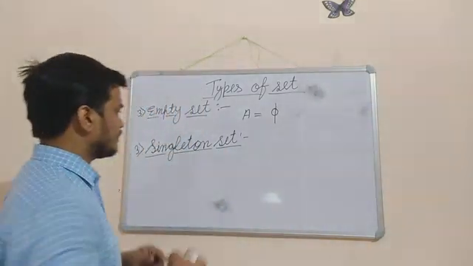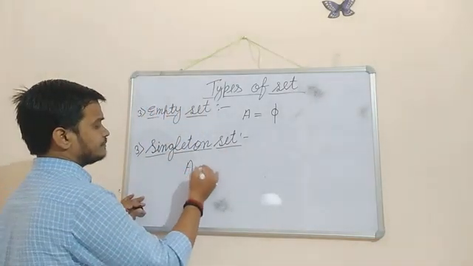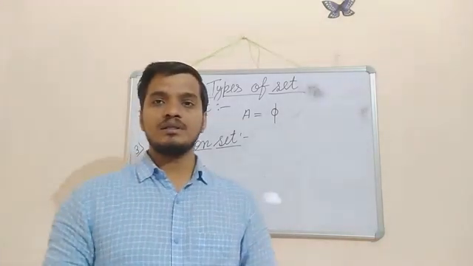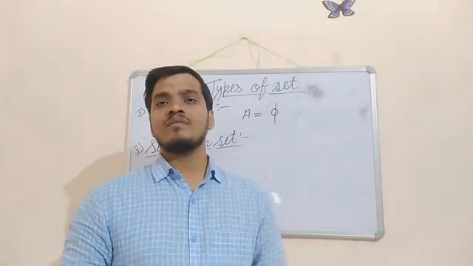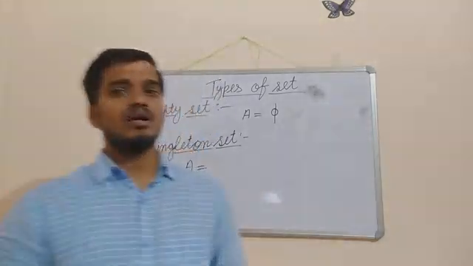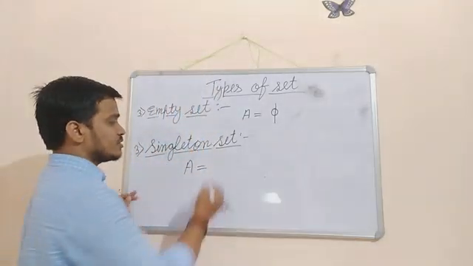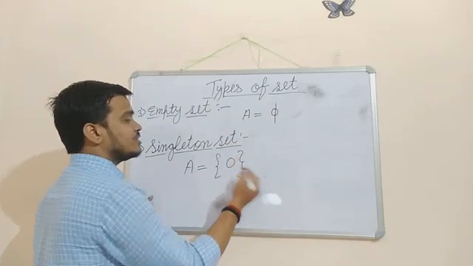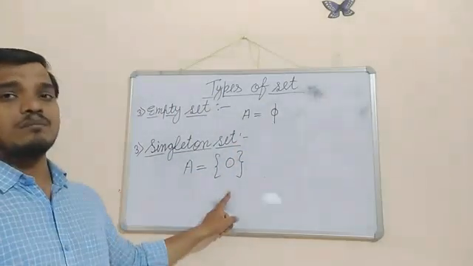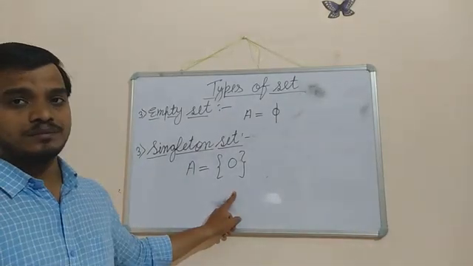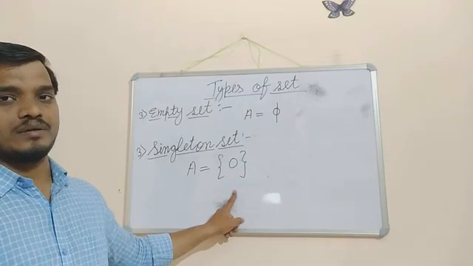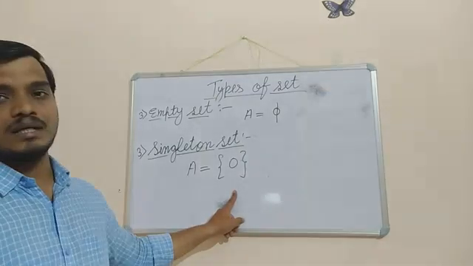Like the example, A is a collection of all the whole numbers less than 1. So simply only and only one member you will get, that is 0. 0 is a whole number and it is less than 1 also. So only one member will be involved here. So this is known as the singleton set.